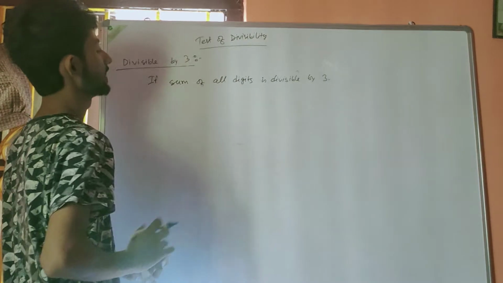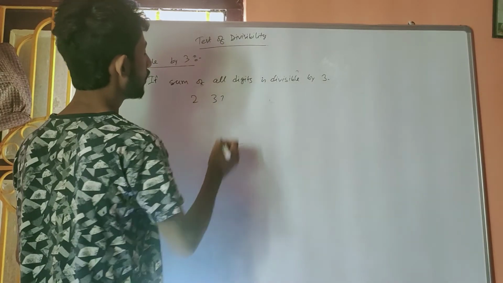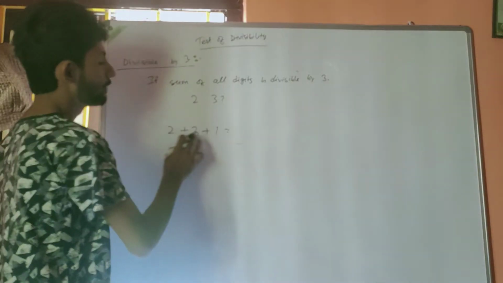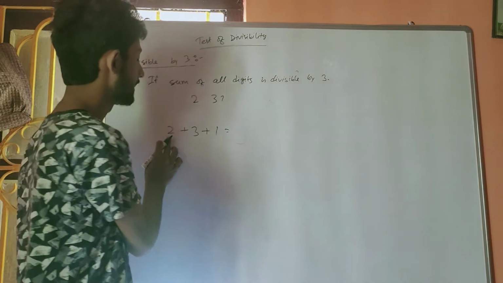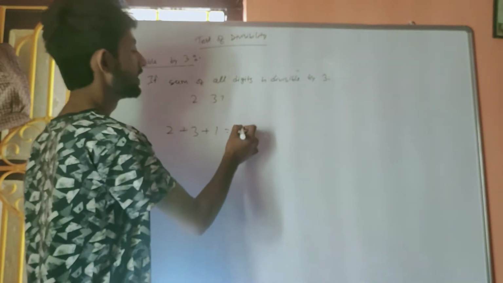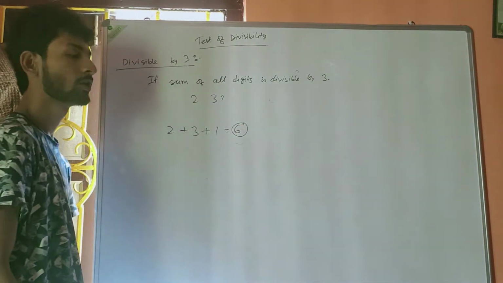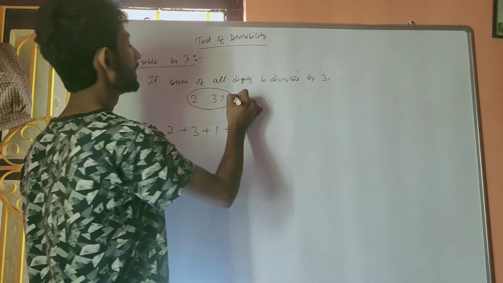Also, suppose another example, 231. We'll add them. 2 plus 3 is 5. 5 plus 1 is 6. 6 is also divisible by 3. So we can say 231 is divisible by 3.